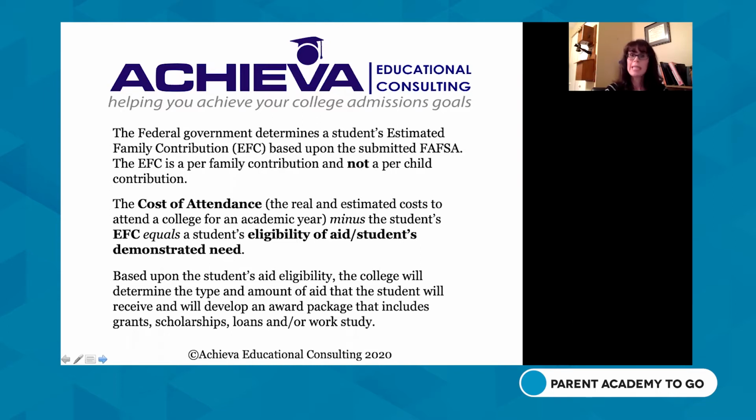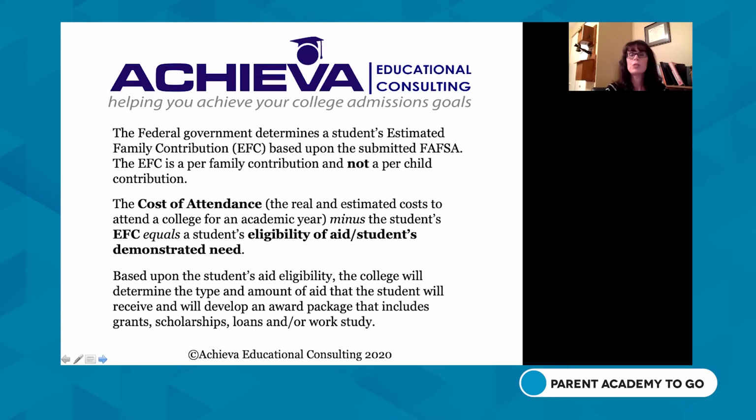The cost of attendance, which is the real and estimated cost to attend college for an academic year, minus the student's EFC, equals the student's eligibility for aid or the student's demonstrated need.